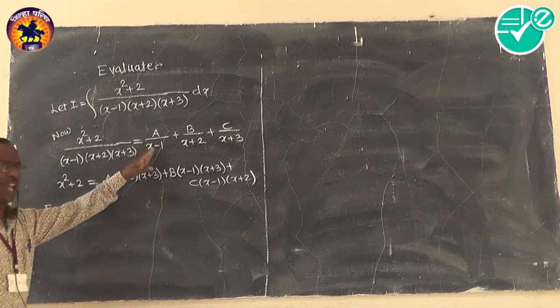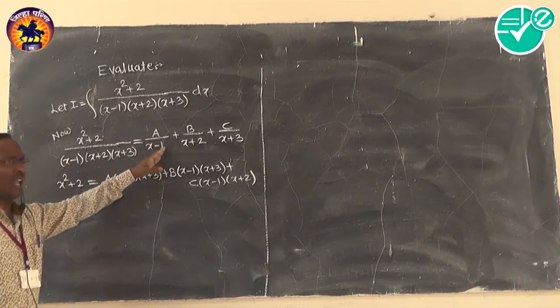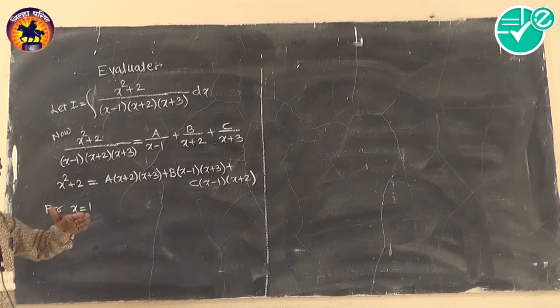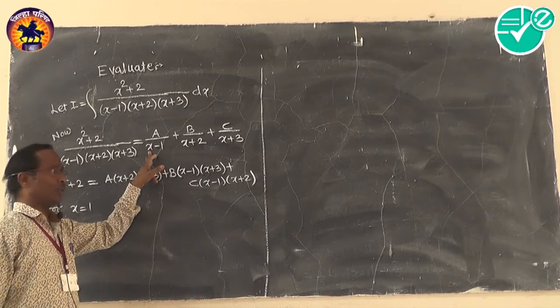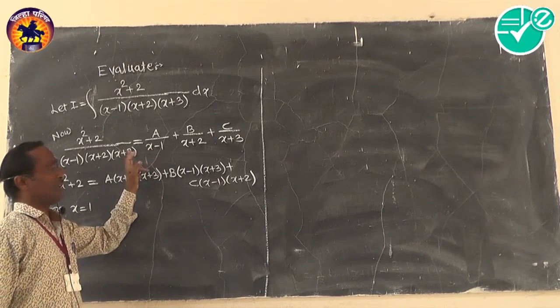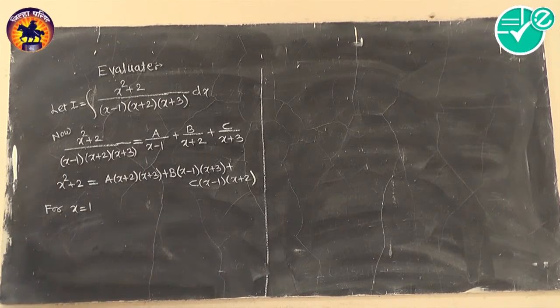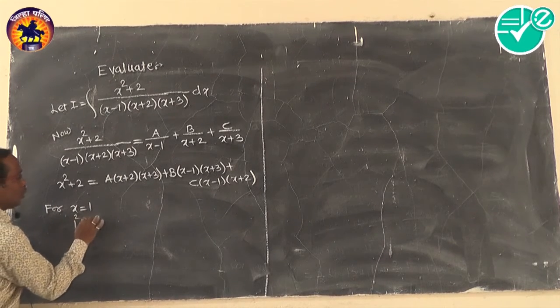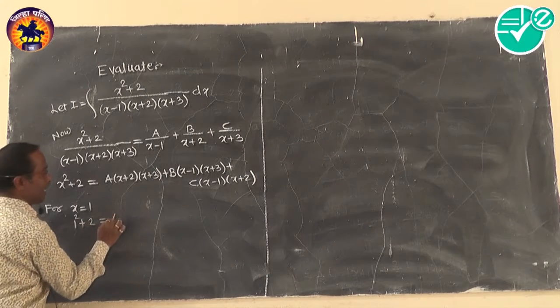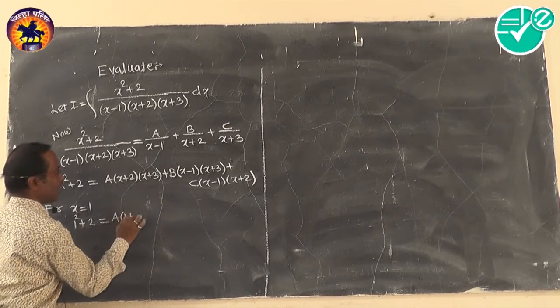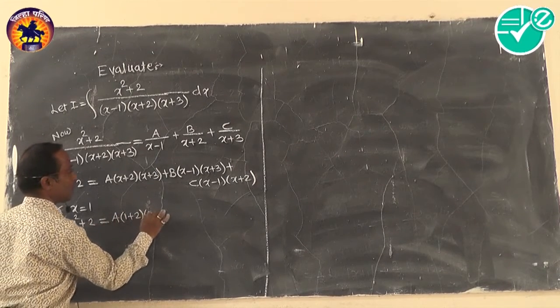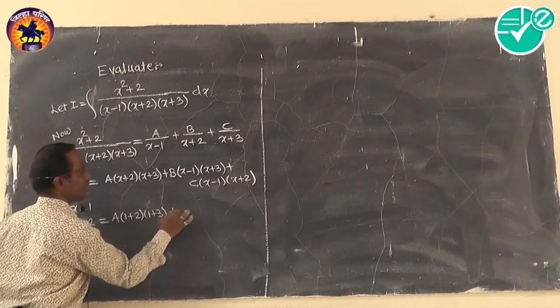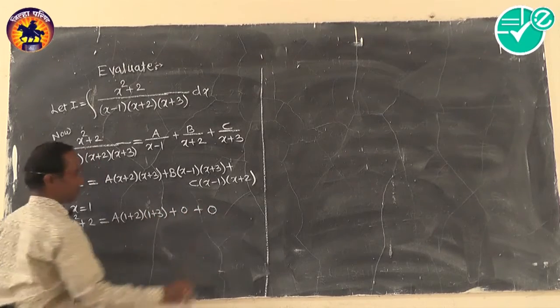The first partial fraction is A upon (x minus 1), for which value the denominator becomes 0: for x is equal to 1, x minus 1 becomes 0. So we substitute x is equal to 1. We get 1 square plus 2 is equal to A into (1 plus 2) into (1 plus 3) plus 0 plus 0.